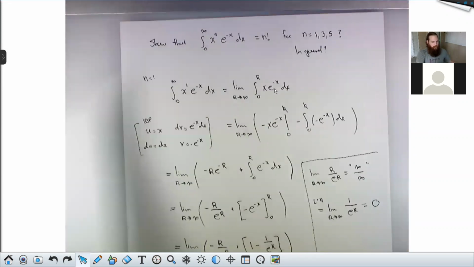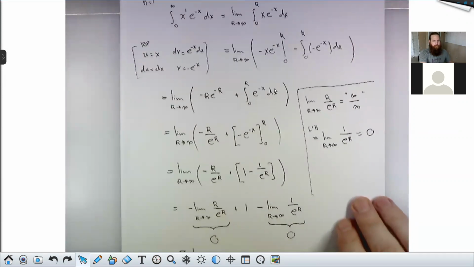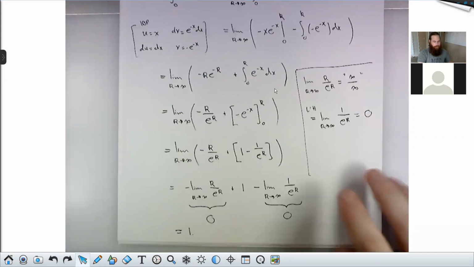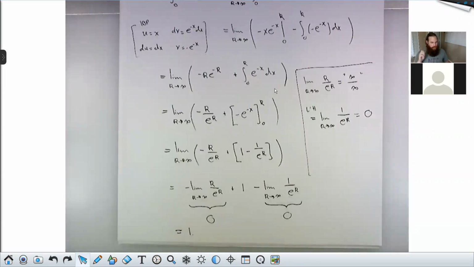We want to look back at this page for a second. Yeah, here, I'll leave it here for just a sec. So we do some IBP, and that lands us here after we do the algebra and evaluation.